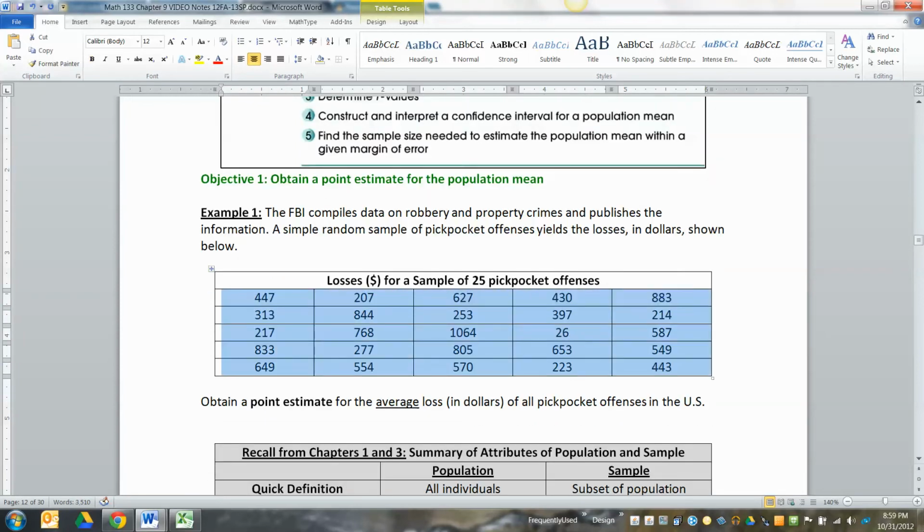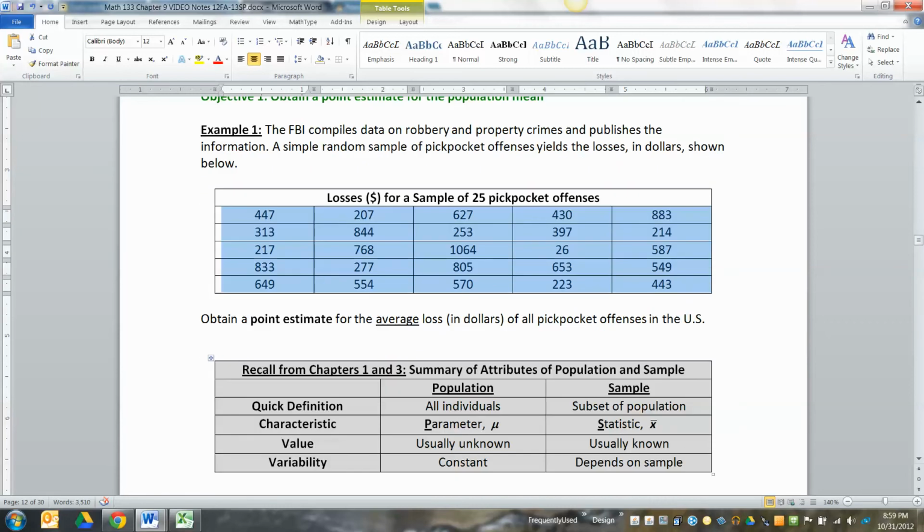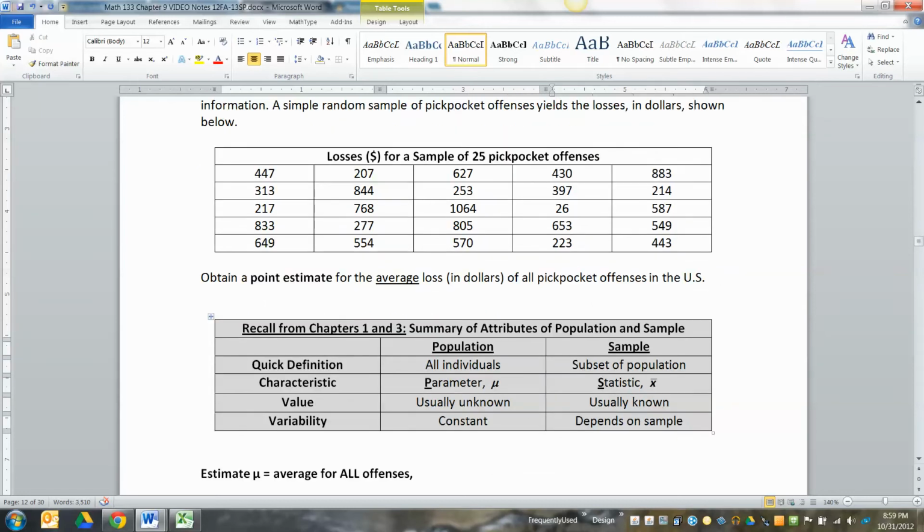What's your best estimate? Well, you're trying to estimate the average loss in all pickpocket offenses. That's mu, the average for the population. You don't know the population, but you could get a sample statistic, X bar, and guess from there how it's going to be for all of them.